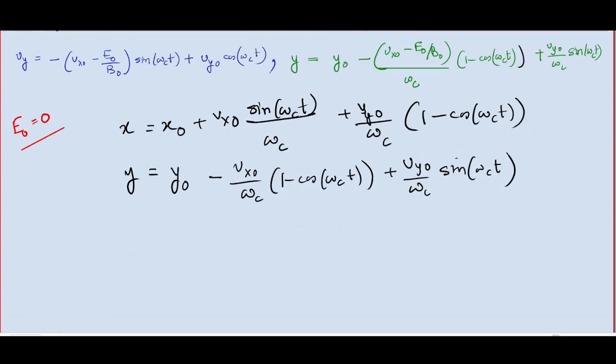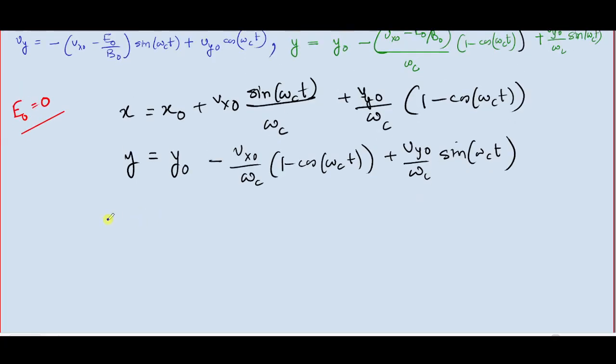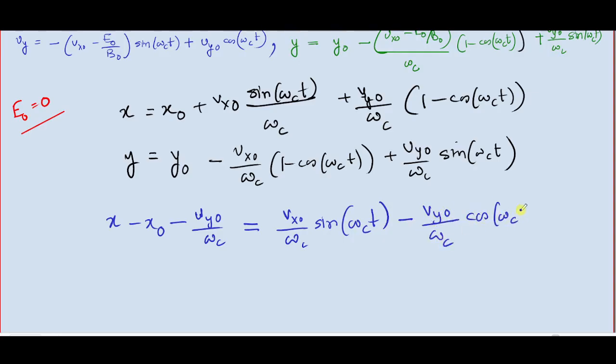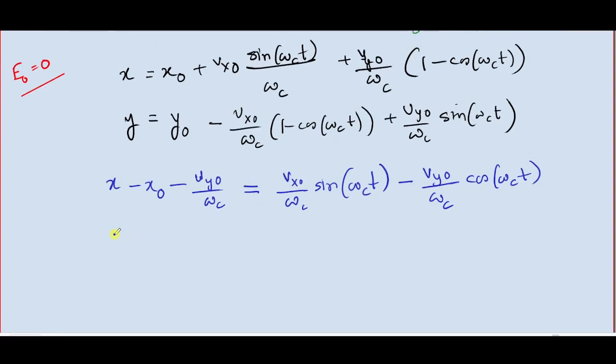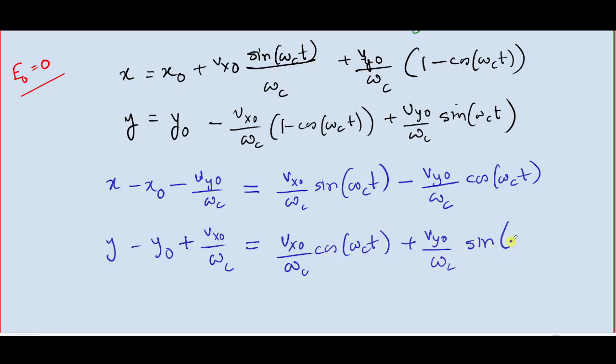Now, if we move all the time independent terms to one side, we get x minus x0 minus Vy0 by omega c equals Vx0 by omega c sine omega ct minus Vy0 by omega c cosine omega ct. And similarly, for y we get y minus y0 plus Vx0 by omega c equals Vx0 by omega c cosine omega ct plus Vy0 by omega c sine omega ct.